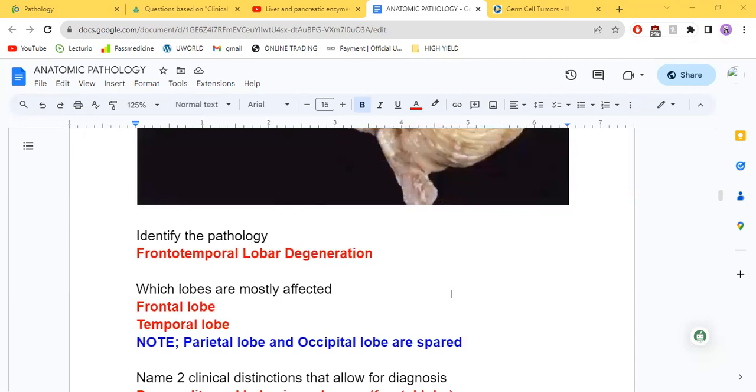Name two clinical distinctions that allow for diagnosis. So what are some of the features that lead you towards a diagnosis of frontotemporal lobar degeneration?